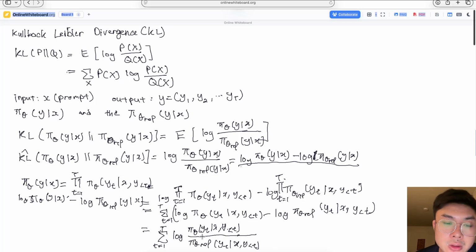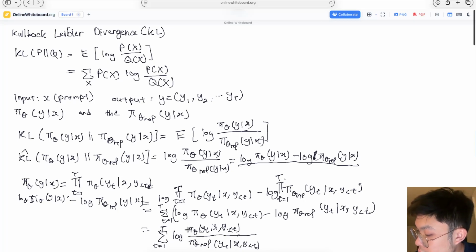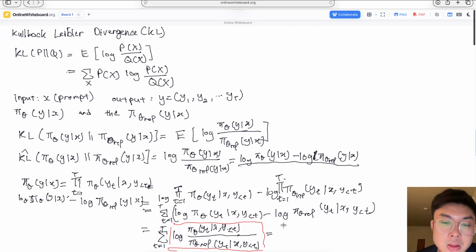And this quantity is exactly the sample estimate of the KL of generating that particular token.